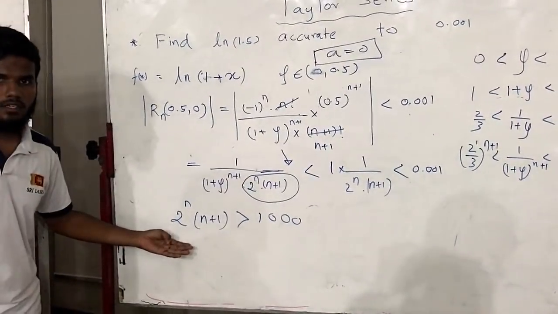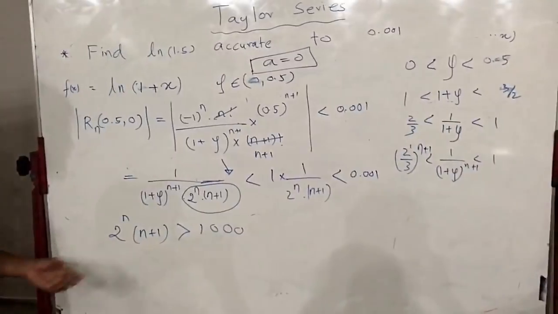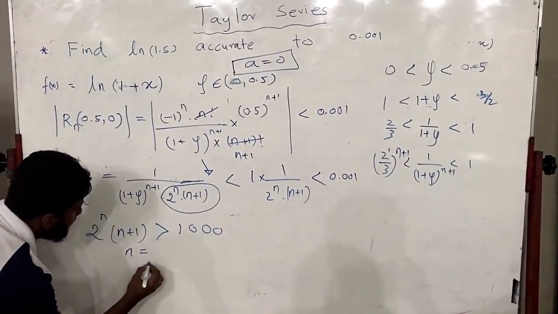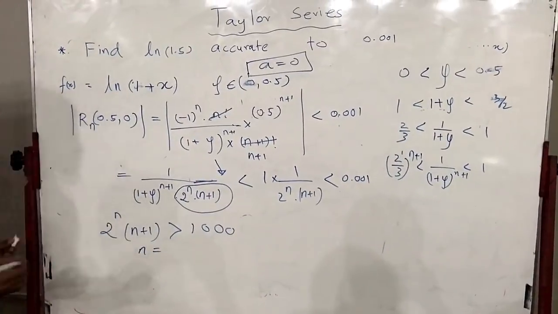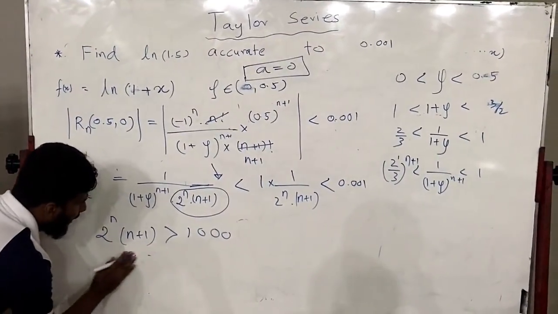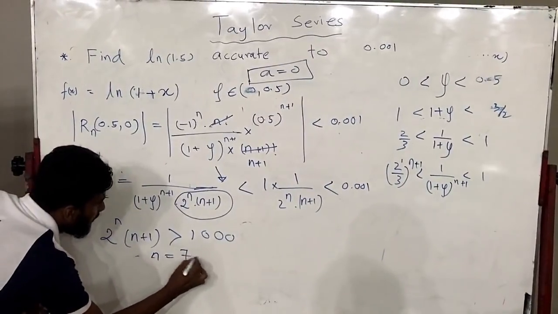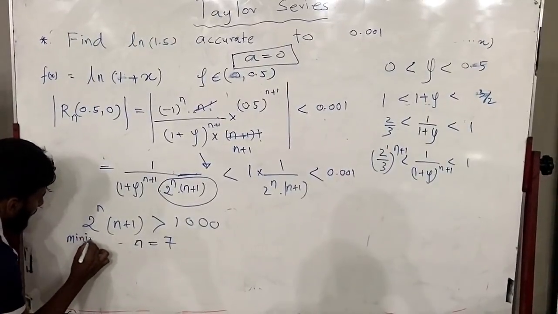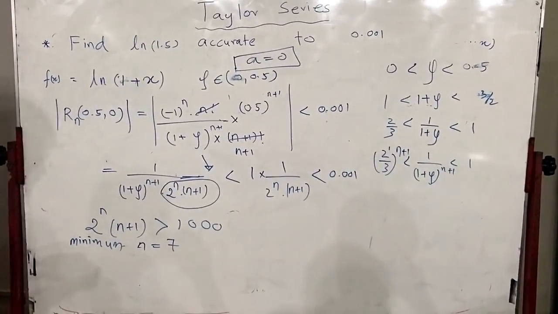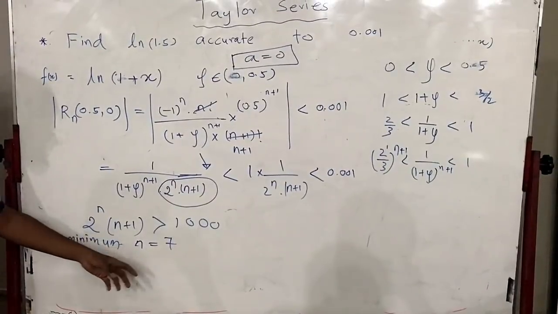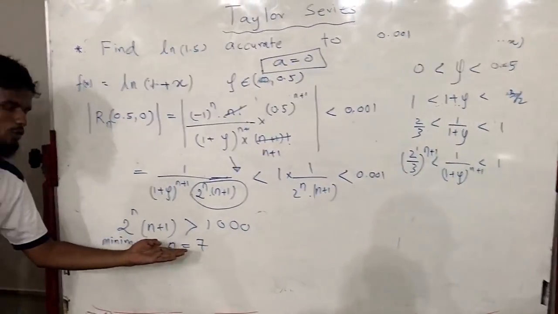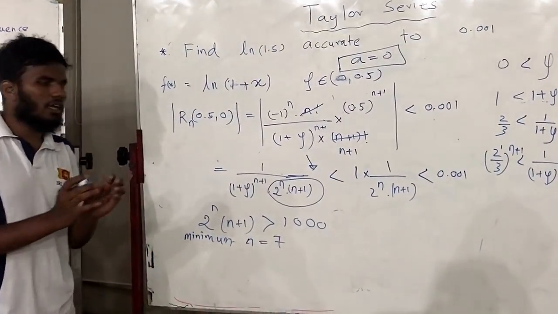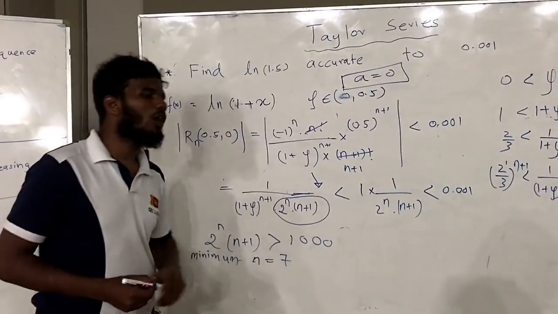We can use a calculator to find n here. The minimum value that n could have is 7. We can use any n greater than 7, but it's better to use the minimum value so that we get a proper approximation as per our question.